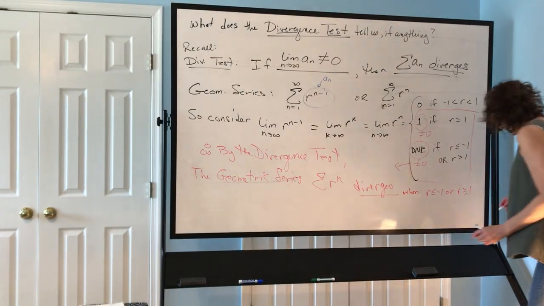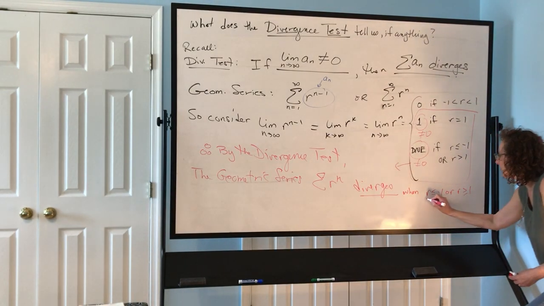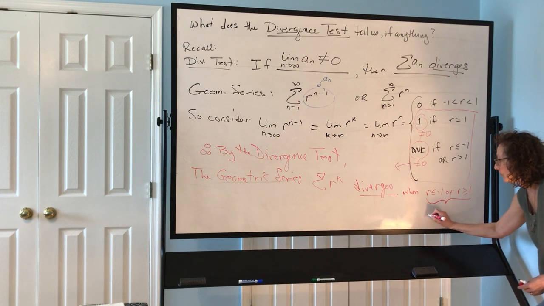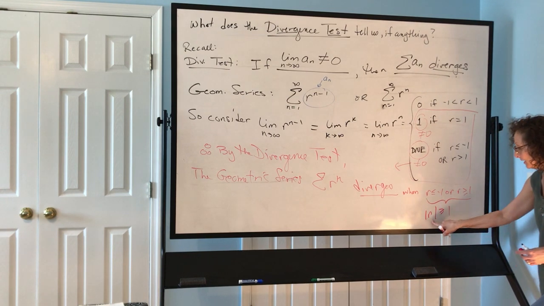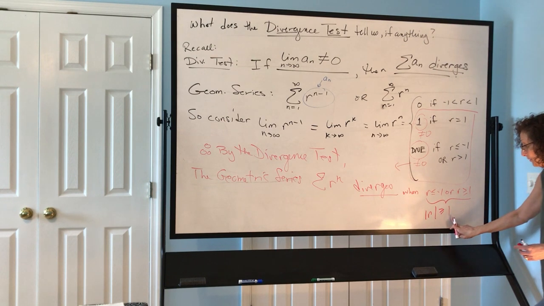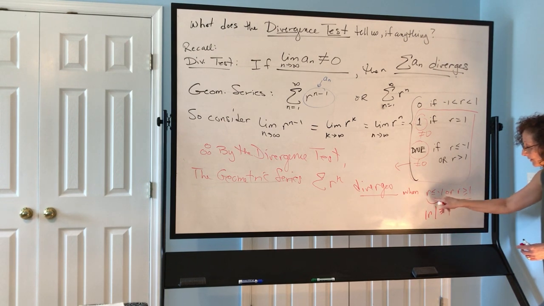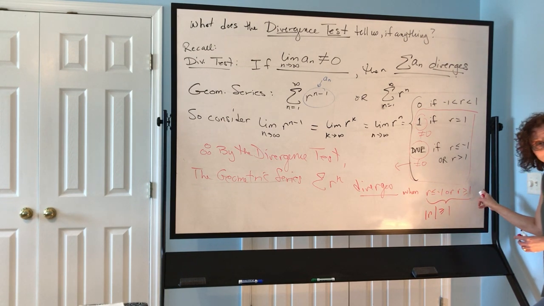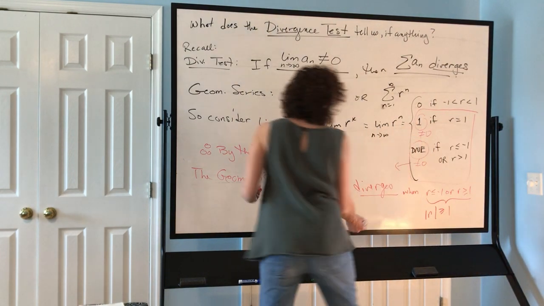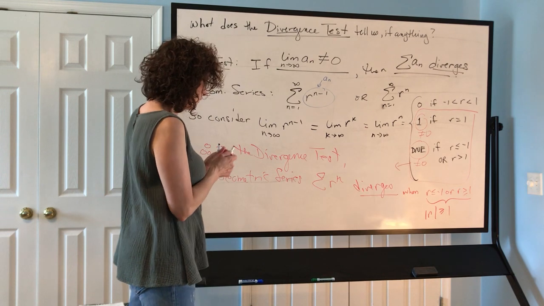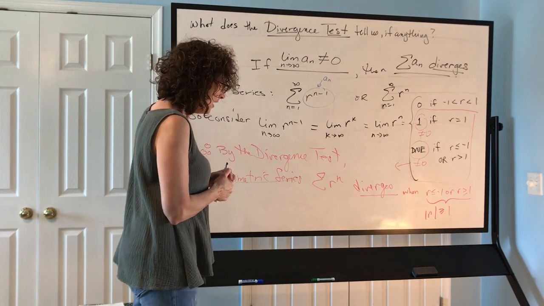And it's a whole lot easier to say this in one sentence: the absolute value of r is greater than or equal to 1. If the absolute value of r is greater than or equal to 1, then you're either here, r is less than or equal to -1, or you're out here, r is greater than or equal to 1. Okay? And so there's what we know about the geometric series immediately with divergence.